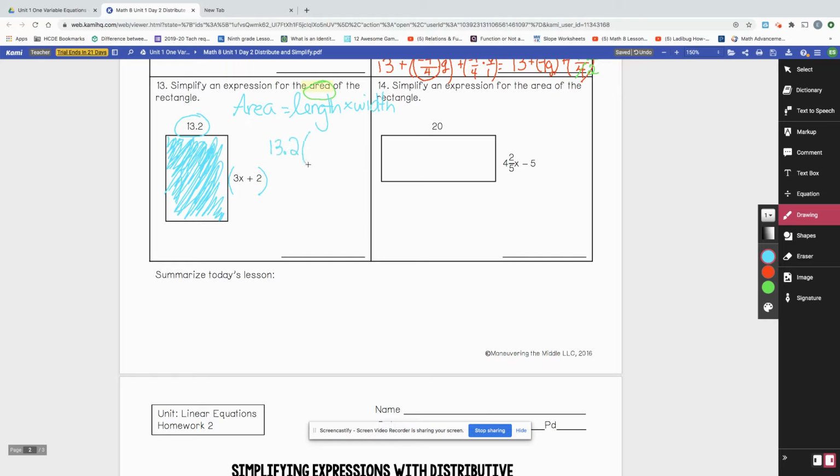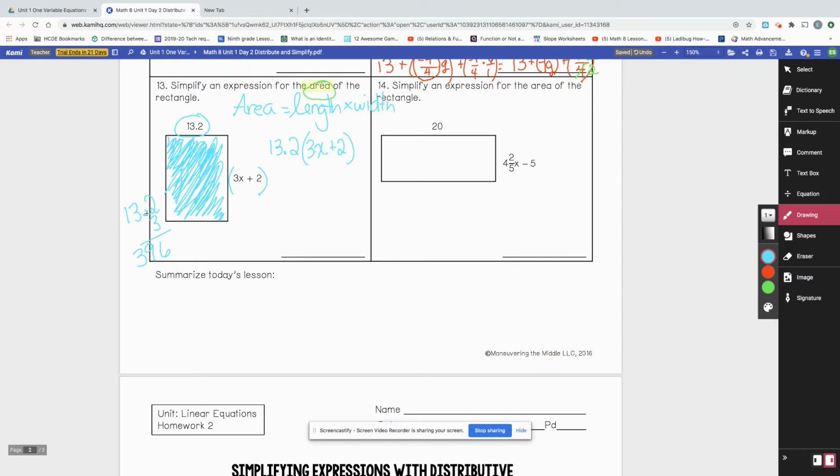So 13.2 times, I want to make sure, because this side is given as an expression with two terms, 3x and 2. So I've got to put this in the expression. So 13.2 times 3. 132 times 3. 2 times 3 is 6. 3 times 3 is 9. 3 times 1 is 3. 396, is that going to be my answer for that part of the expression?